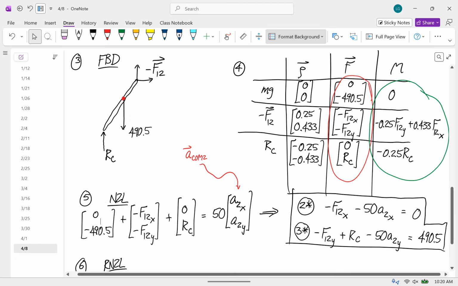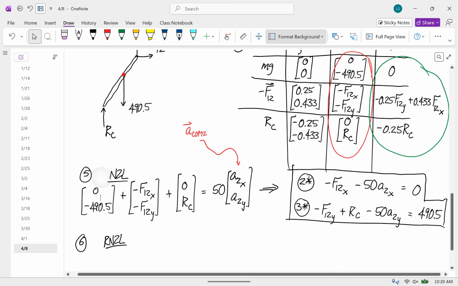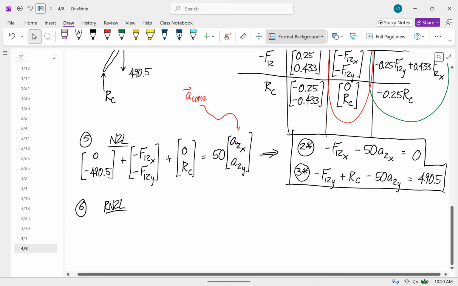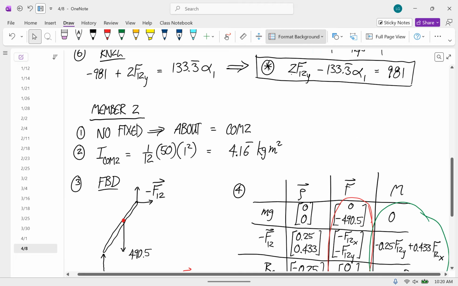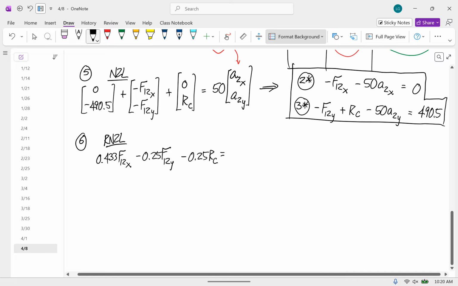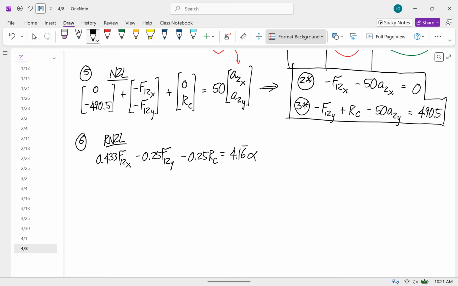Okay, so I'll rearrange these just to put them in X, Y order. So 0.433 F12X minus 0.25 F12Y minus 0.25 RC is equal to the moment of inertia of this body, 4.16 repeating, times alpha 2.